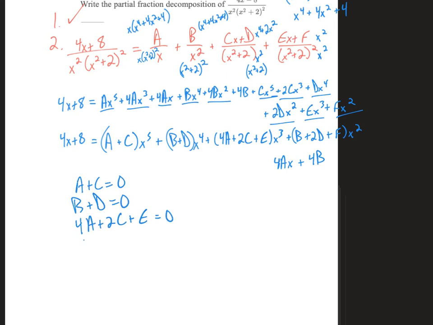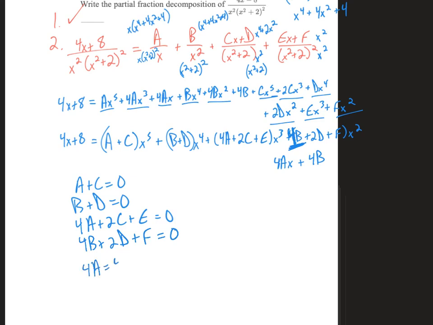Next, so up here, I'm looking here, this x squared should have had a 4 in front of the B. Just a few mistakes, no big deal. So 4B plus 2D plus F equals 0.